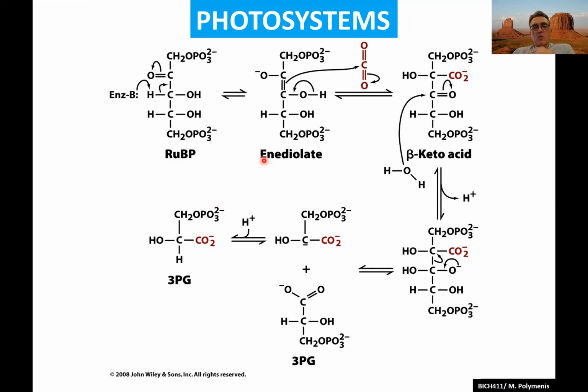We saw how the carbanion is formed and stabilized to attack a CO2 molecule, and you carboxylate your 5-carbon unit. You get a 6-carbon unit. This is unstable, very transient. So you have an attack of water again. You hydroxylate first, and then you break the carbon-carbon bond. And once you break it, you have 2 molecules of 3-phosphoglycerate forming.